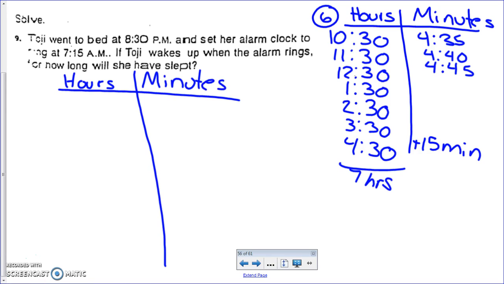And now we're going to count up starting with 9:30, 10:30, 11:30, 12:30, so on until you get to 6:30 because 7:30 would be too far.